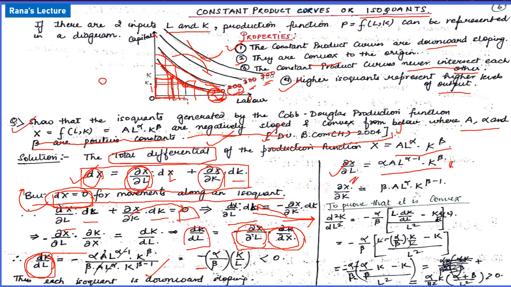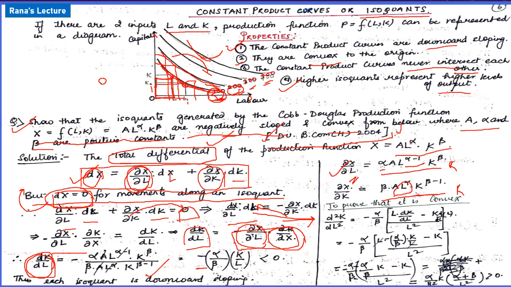Our K will be constant. So this alpha will come over here, and this will become L to the power alpha minus 1, and this is K to the power beta. Again, with respect to capital, our labor becomes fixed, right? So beta will come over here, this will be as it is, and this will be K to the power beta minus 1.